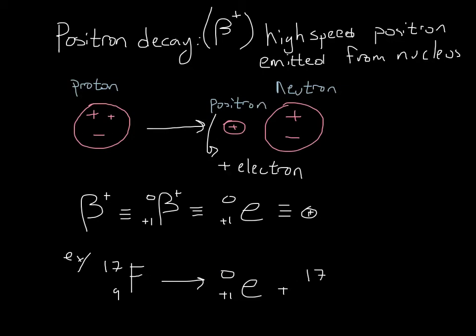So 17 would stay there, but it's losing one of its protons and turning it into a neutron. So it's going to lose one proton, which means it would be 16. To check our math, 16 plus 1 equals 9 at the bottom, and 17 plus 0 equals 17. So that element would end up being oxygen.